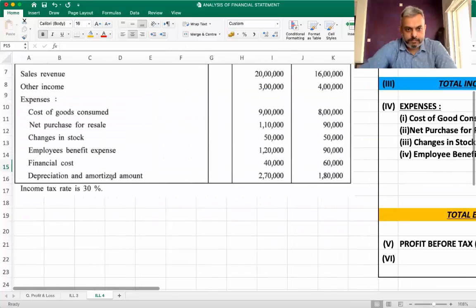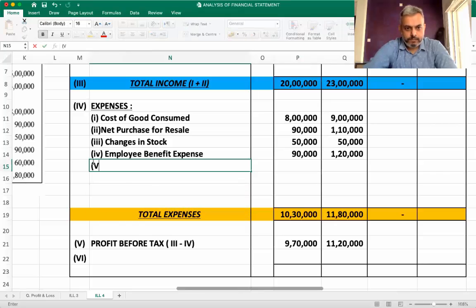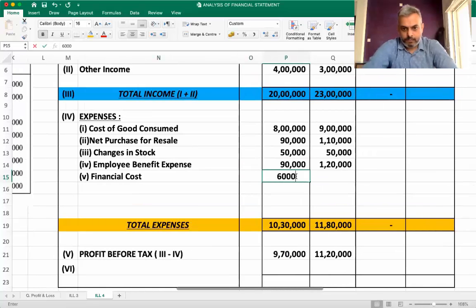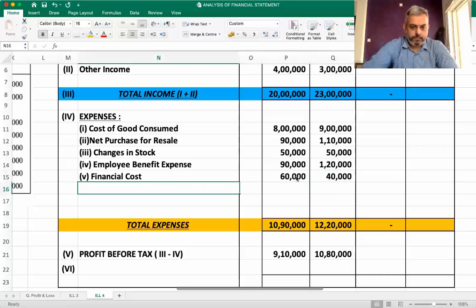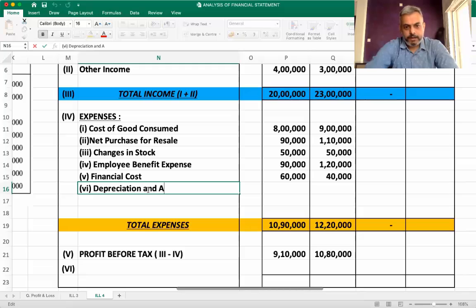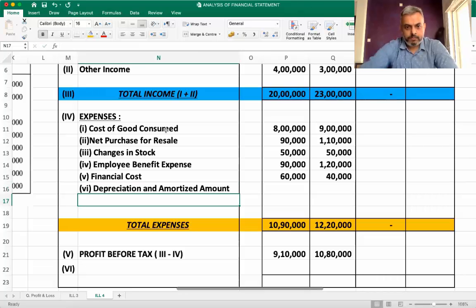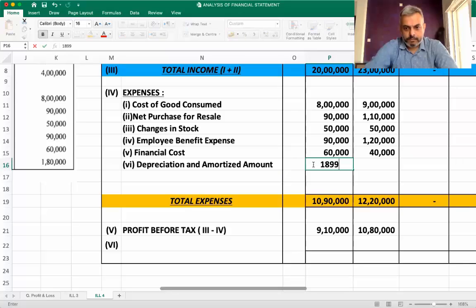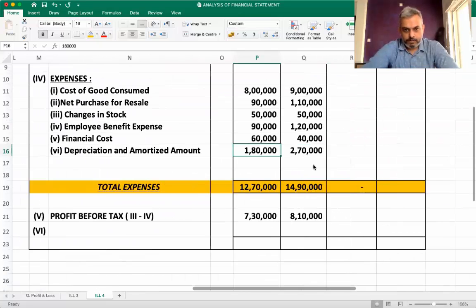Then financial cost, 60,000 and 40,000. Depreciation and amortized amount, 1 lakh 80 and 2 lakh 70. That's it. Now we find the profit.